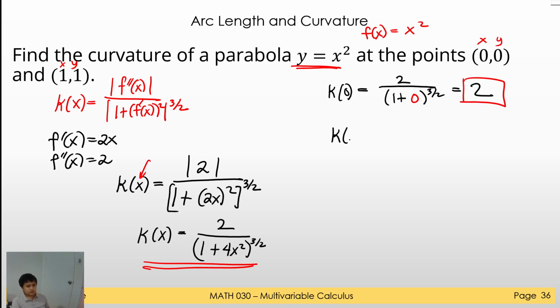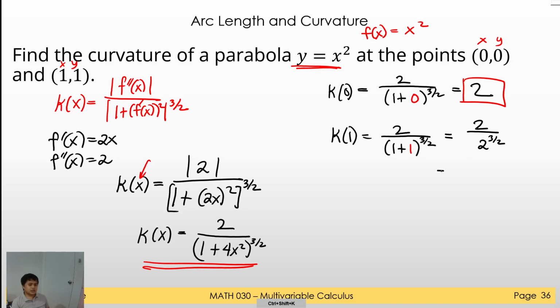And then the curvature at 1, we have 2 over 1 plus 4, and then 3 halves. So this will be 2 over square root of 2 raised to 3, or 2 over 2 raised to 3 halves.